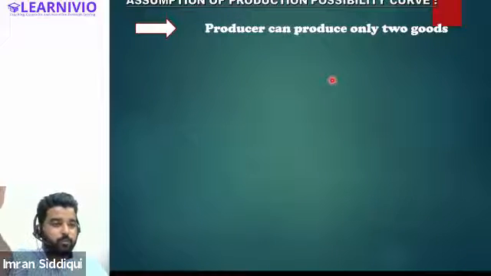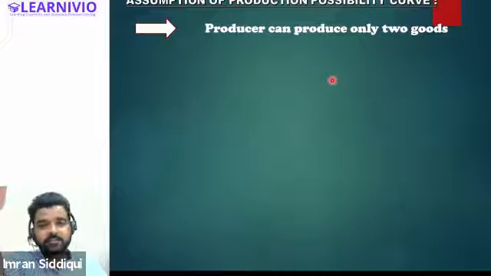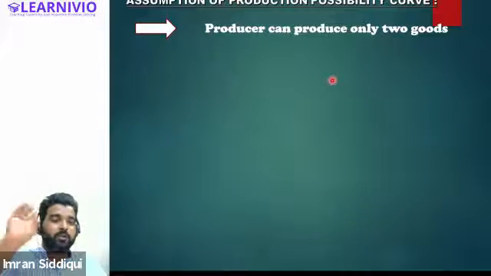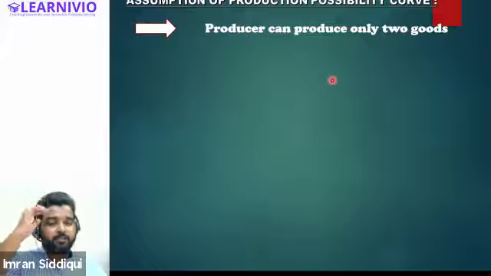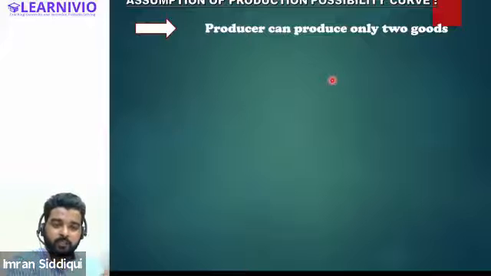The producer can produce only two goods because we have to present different combinations on a diagram, right? And a diagram has only two axes, X and Y axis. Suppose we assumed that the producer can produce three goods, sugarcane, wheat, and suppose onions, then we will present the value of sugarcane on the x-axis.